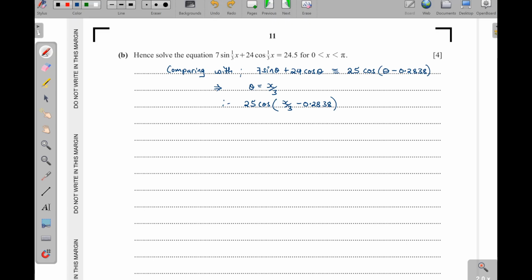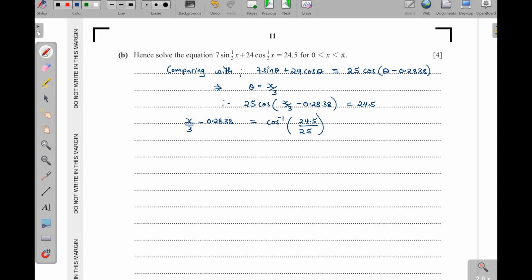That's very wrong. So this one, we equate it to 24.5. And then x over 3 minus 0.2838 shall be equal to the arc cos of 24.5 out of the 25. You see that? All right.